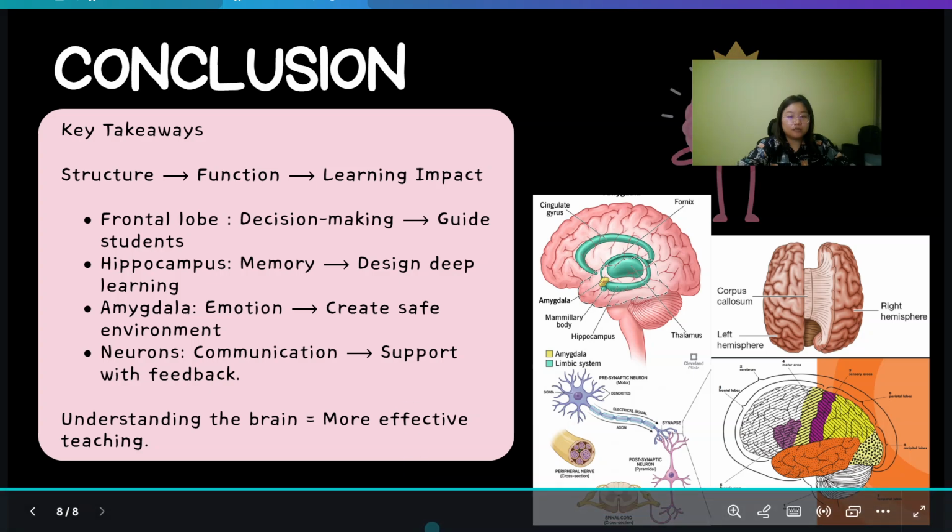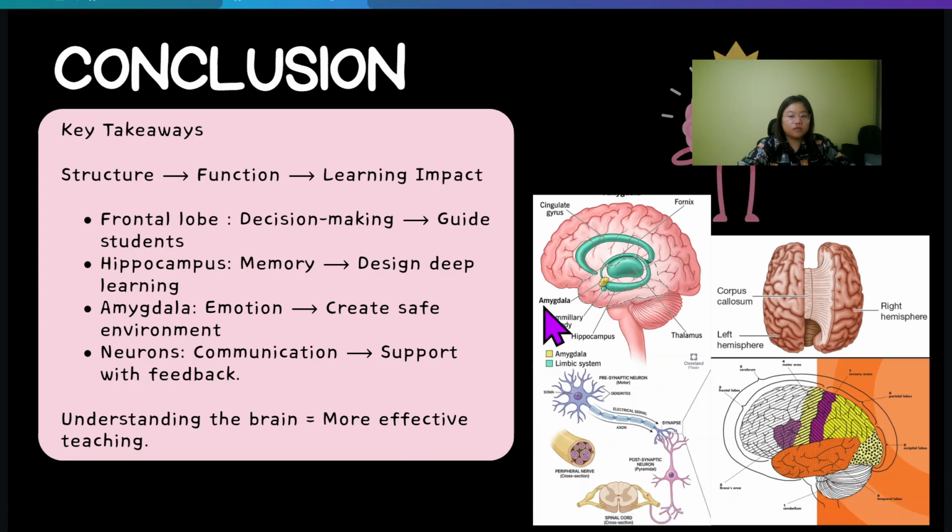With early intervention, we actually can make a difference. So let's have a quick recap. Each part of the brain plays a role in how students learn and behave. The frontal lobe helps with decision making, so we guide our students, not punish.